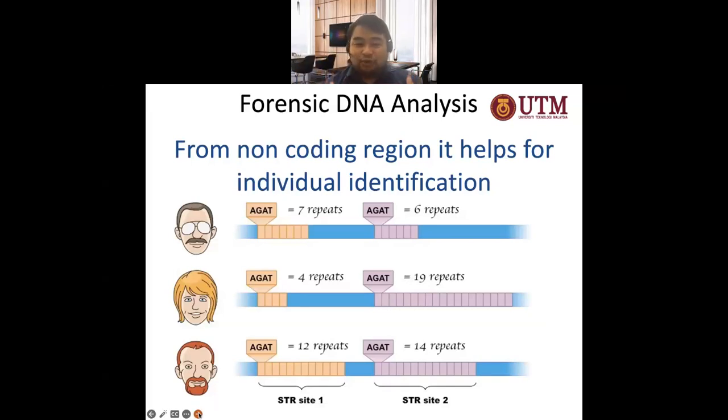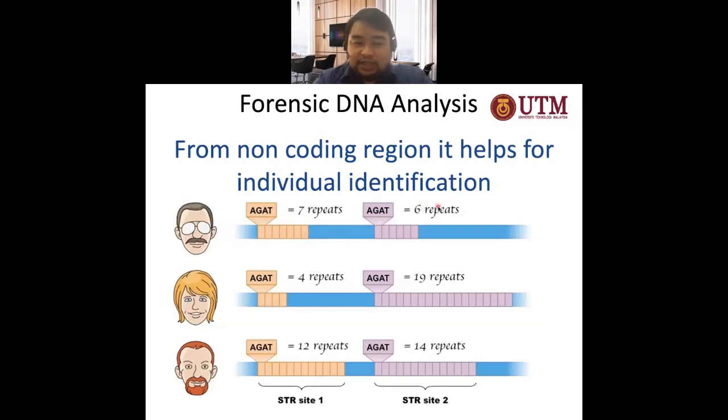So how does this go? You see this first man here. We are using the same base, AGAT. This man has 7 repeats of AGAT, AGAT, AGAT, AGAT, and then you have your exon here, which corresponds to your protein production, and it continues with AGAT again for 6 repeats.